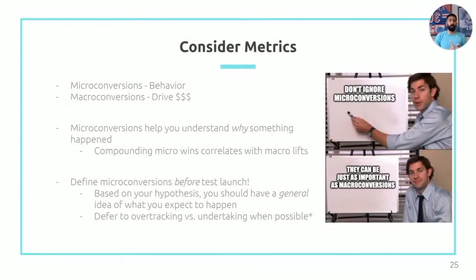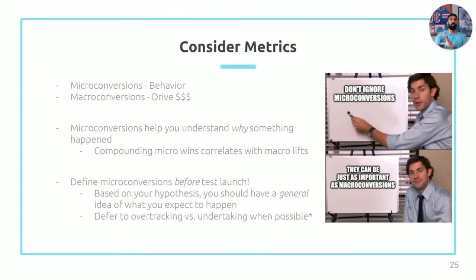One example where correlation is not causation is, let's say I were to run a test for a lead gen site, and the control version right above the fold just says, click here to get your free video demo. If you click that button, you're taken to a form. What if I instead ran a test where I changed the headline to say, click here to get a free Tesla? If that was my test variation, I'd wager my micro conversions would go through the roof.